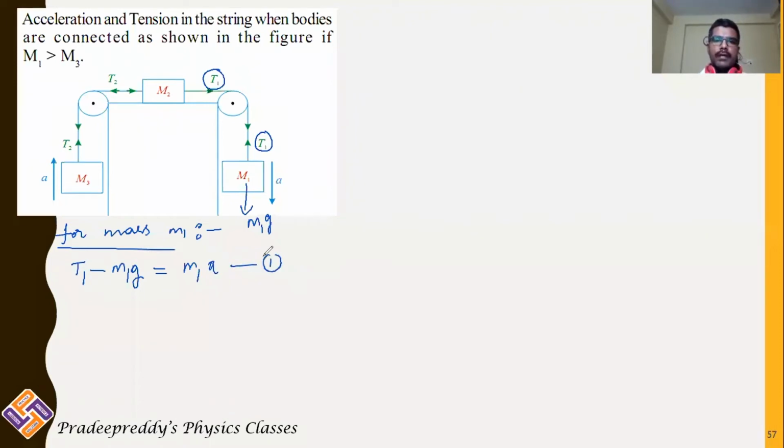After mass m1, take mass m2. For mass m2, on the right side there is one force, it is tension T1.